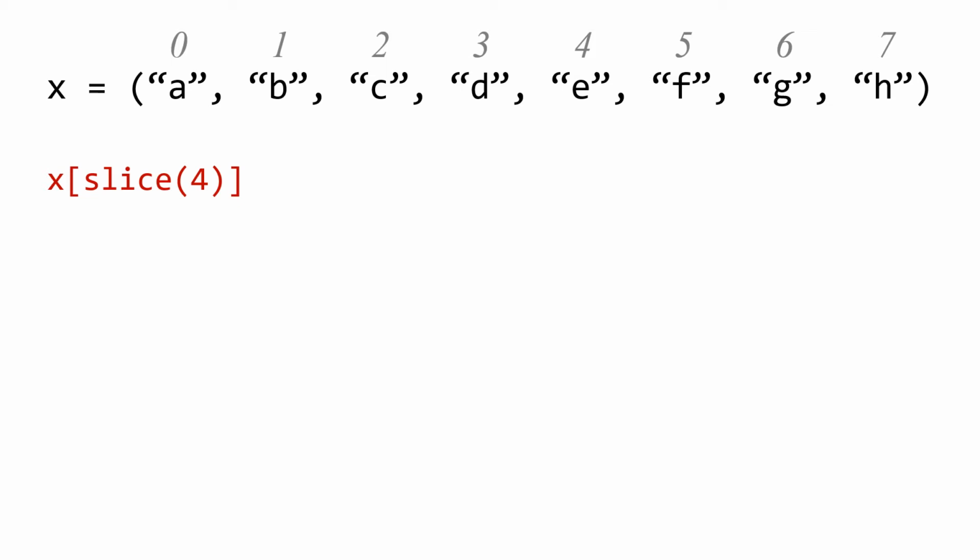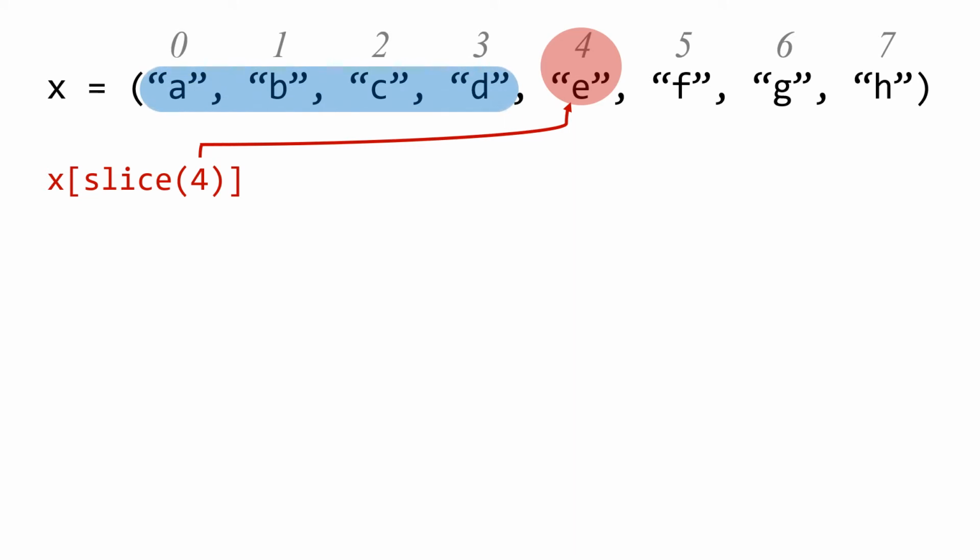If we look at the position of index number 4, that is this position, then the slice function will take all the elements until that position, that is these 4 elements. So the output of this instruction will return you these 4 elements.